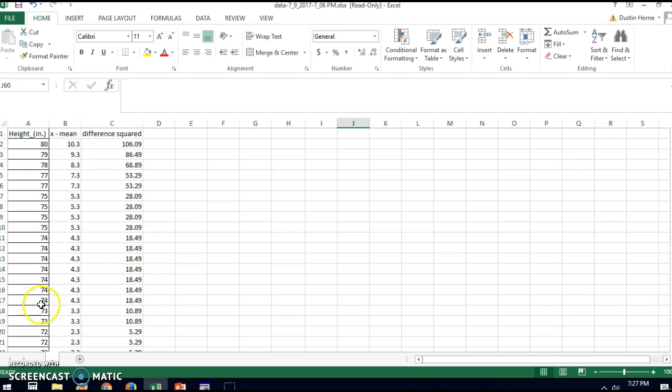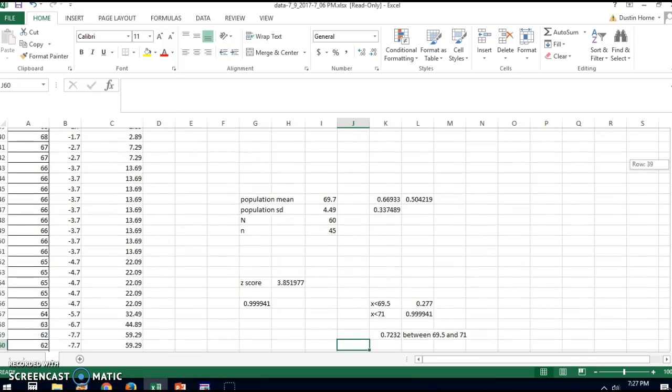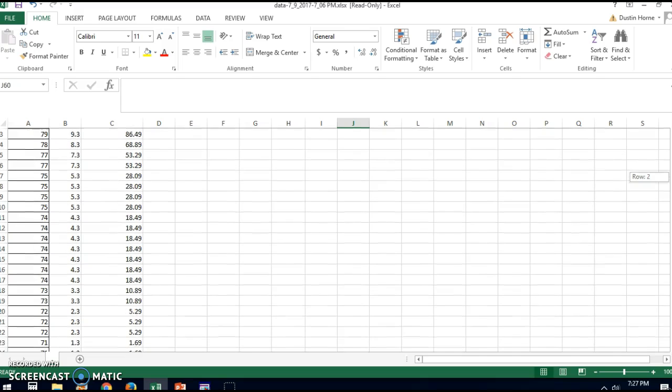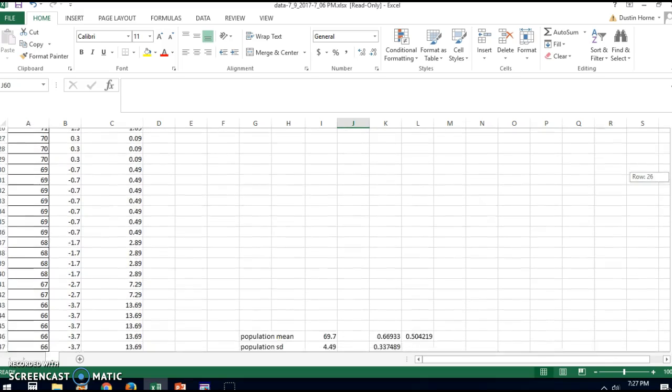But I have to take the column and calculate the standard deviation. Remember, you should know the steps to calculating the standard deviation. You're going to take each individual number and subtract the mean from it and square it and add all those numbers up and then divide it by your n, which is 60.